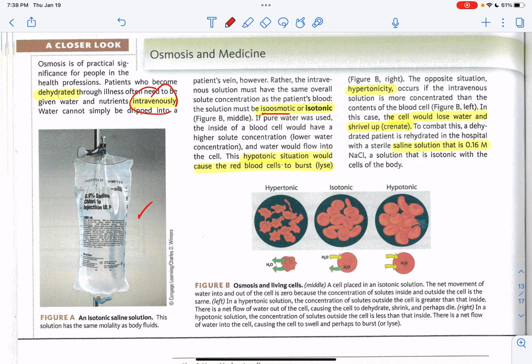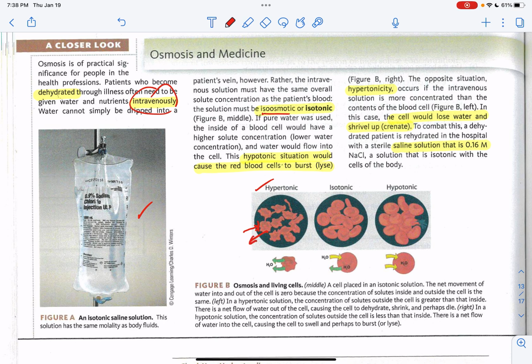And so if we were to have a hypertonic solution down here, hypertonic means that it's a high concentration. And if you have a high concentration of salts outside the red blood cells, the high concentration stuff may not be able to get in because it's too big. Meanwhile, the higher concentration of water, which is inside the red blood cells, can get out.